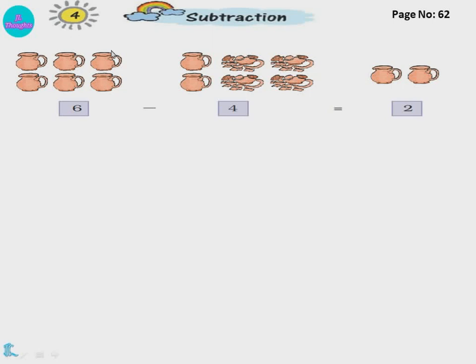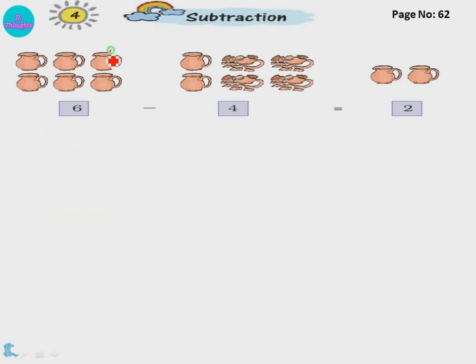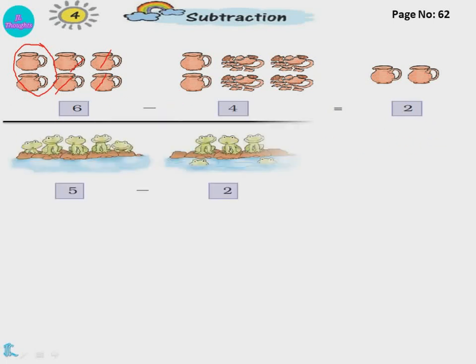Understood, children? First you had 6 jugs. In the 6, what happened? 4 got broken. So how many are left with you? 2 jugs. That is 6 minus 4 equals 2.